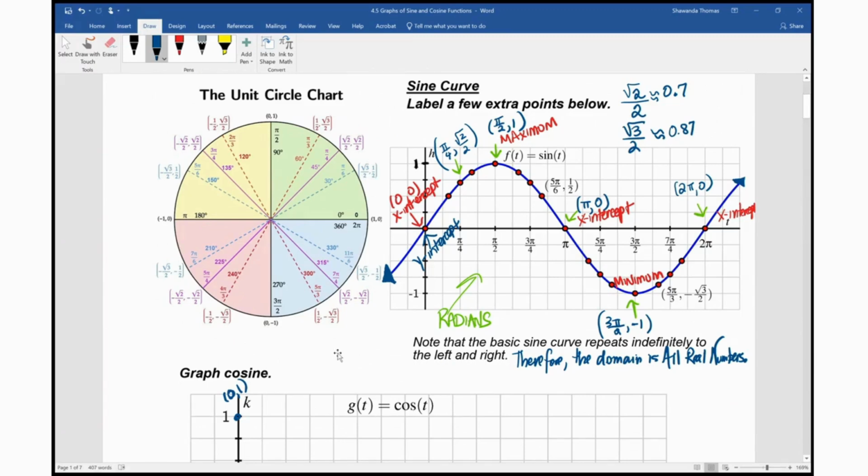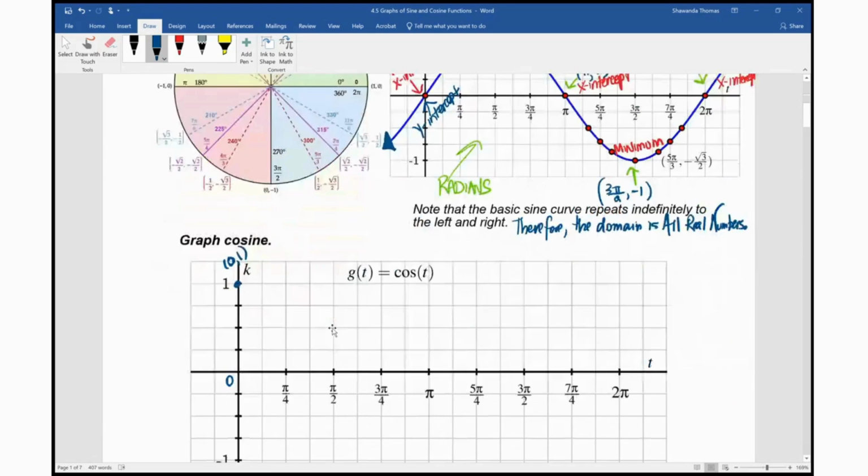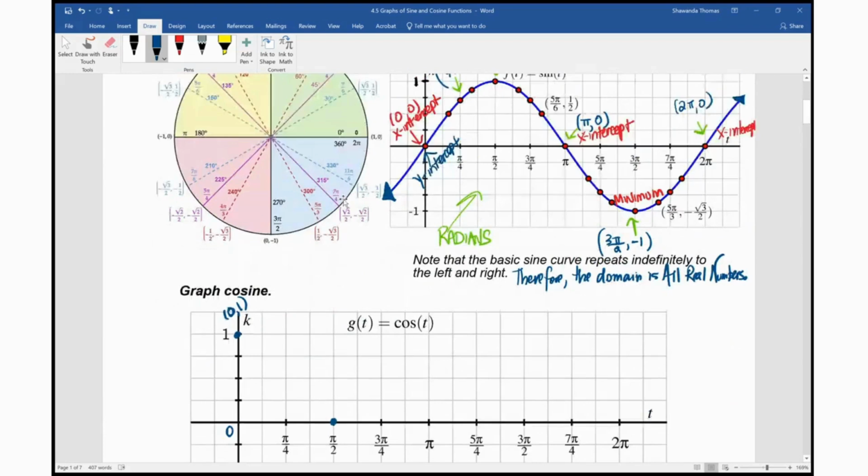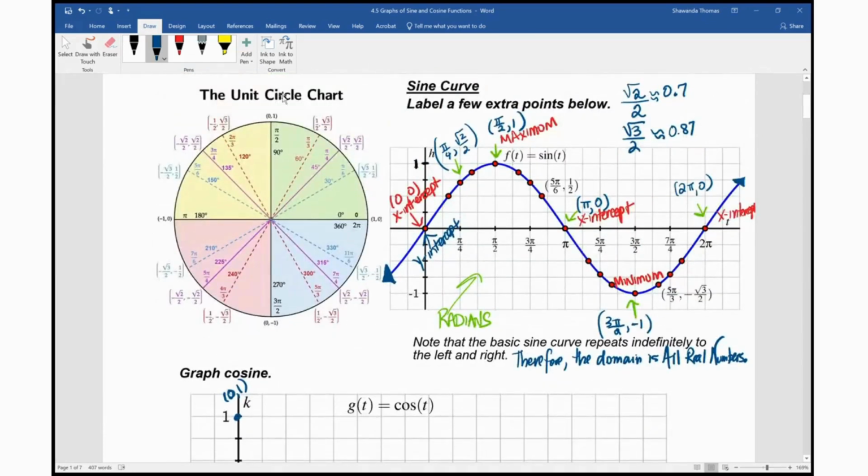What is cosine of pi over 2? It is 0. Yes. You see definitely at these quarters, the numbers are nice for both cosine and sine.